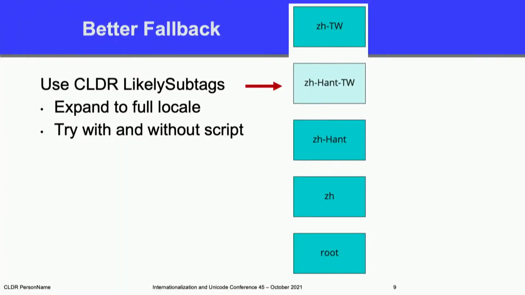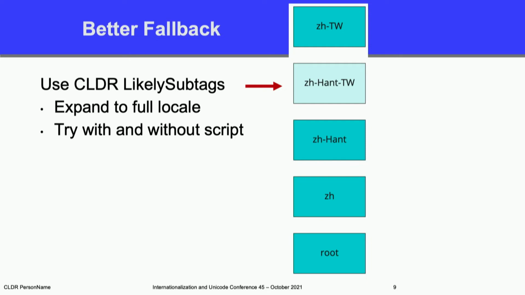So CLDR has a better fallback mechanism, and the way that works is no matter what locale you start with, you expand it out using a table they have called likely subtags. So for instance, if I have zh-TW, the likely subtags will take this and flesh it out into, well, this will be traditional Chinese.